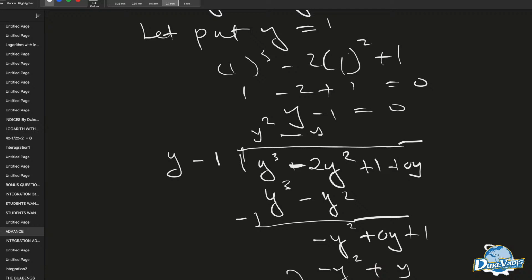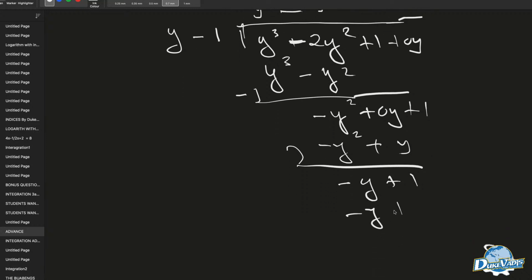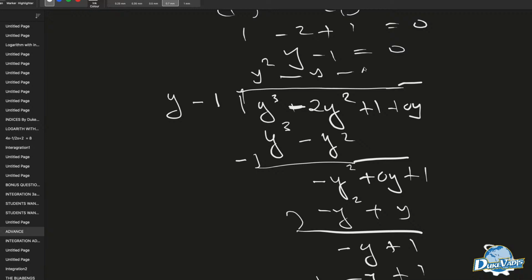When we subtract this one from that, we get minus y plus 1. And when we multiply that one by that, this one becomes minus y plus 1. We subtract, we get 0. So this one becomes minus 1.